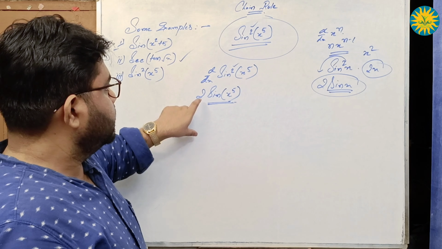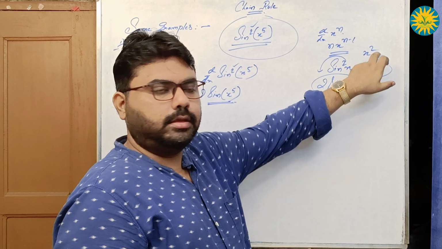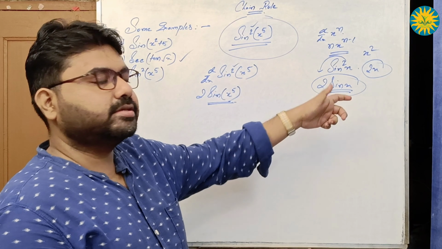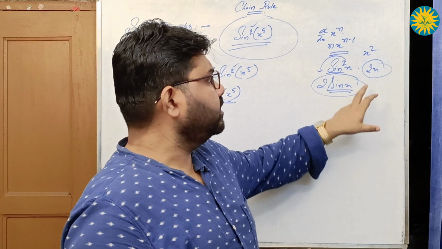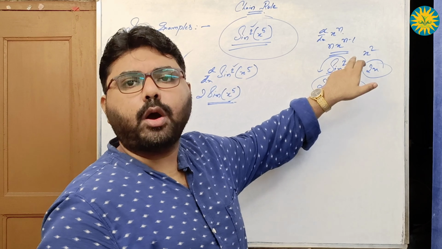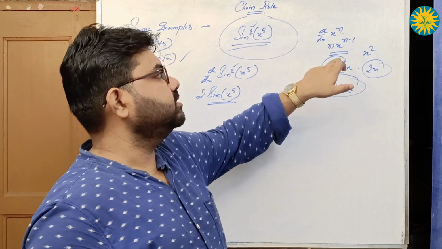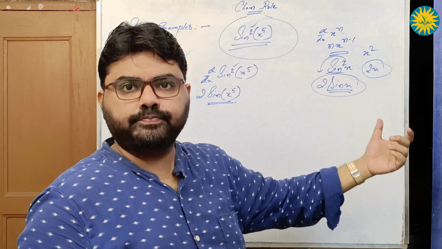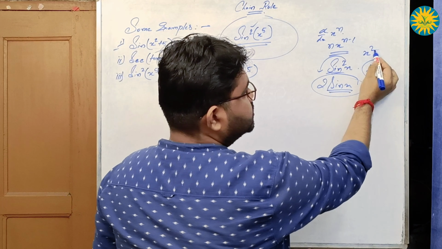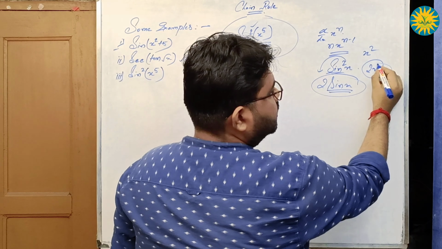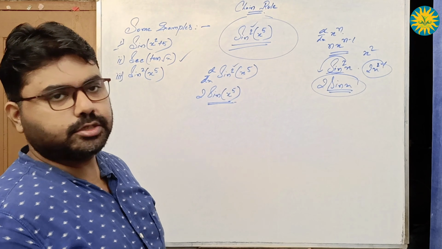It's not x square, it's anything other than x square, that is sine square x. It's totally a different function, but we are concentrating on the power. While differentiating any x to the power n, the power comes forward, and the power here will be n minus 1, that is 2 minus 1.